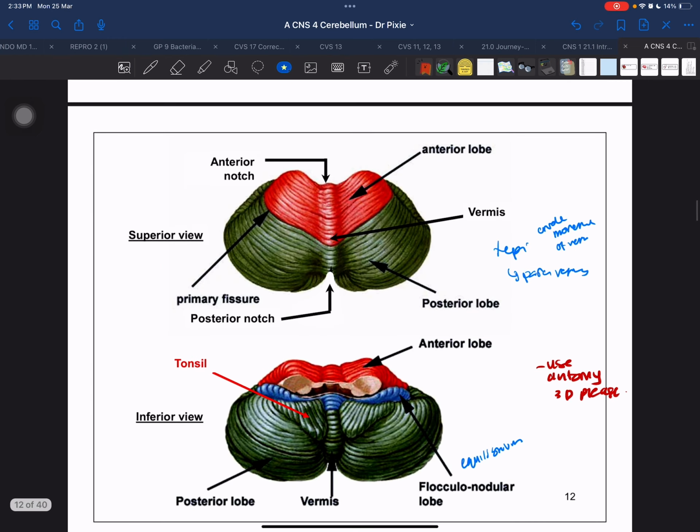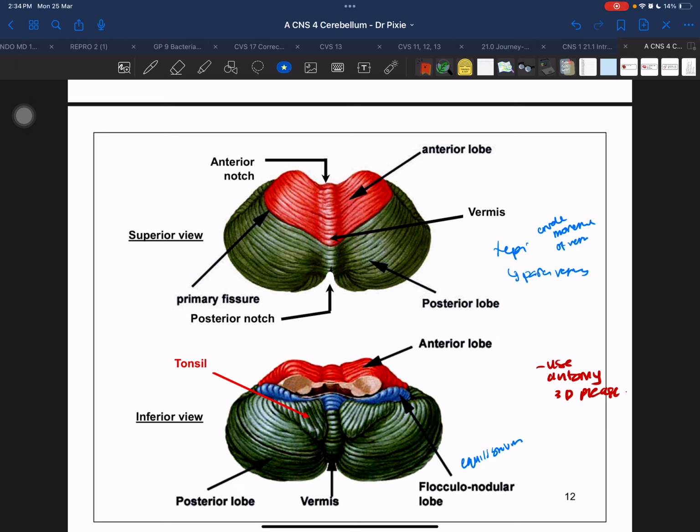Now, this is when you view the cerebellum from superior and inferior. Colored from superior, this is the primary fissure just now. This tiny one is the anterior lobe, highlighted in red. This is your posterior lobe, your neocortex. If I flip to inferior, I see this blue color.